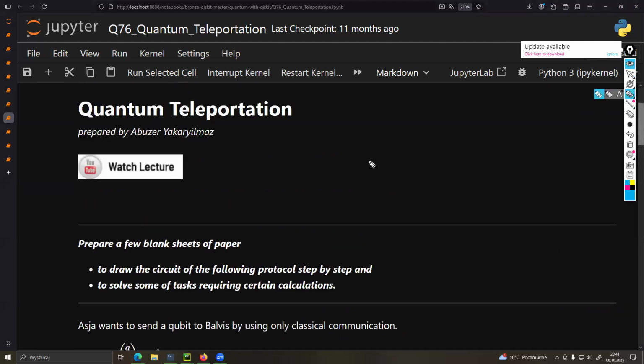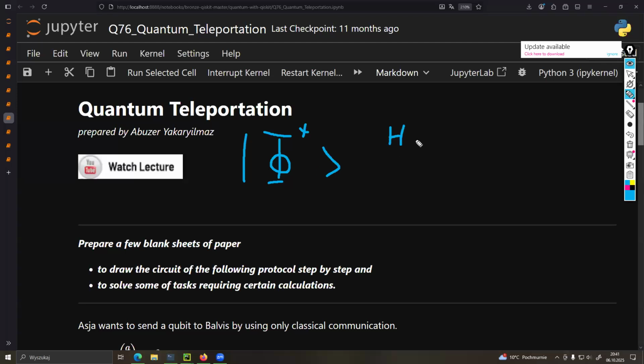So, for example, let's say that I did exactly the same thing as with super dense coding. So I have prepared a Bell state, right? Let's say this was a capital Phi plus, right? So I have a superposition.